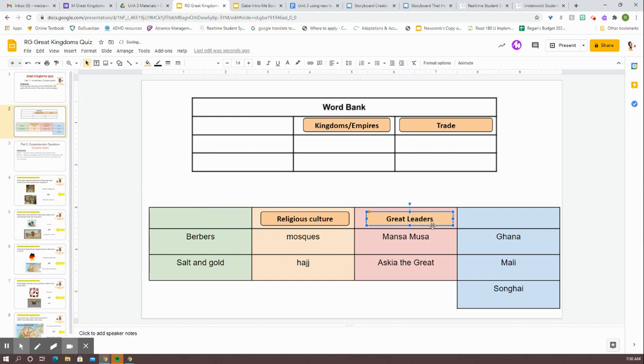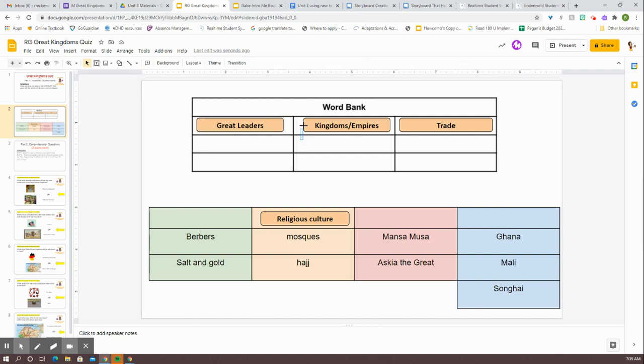Based on whatever color you see has the most names in it, right? The great leaders category is going to have 2 names, meaning that they will be capitalized. Same with kingdoms and empires. It's going to have the names of places. Since those are also proper nouns, they will also be capitalized.